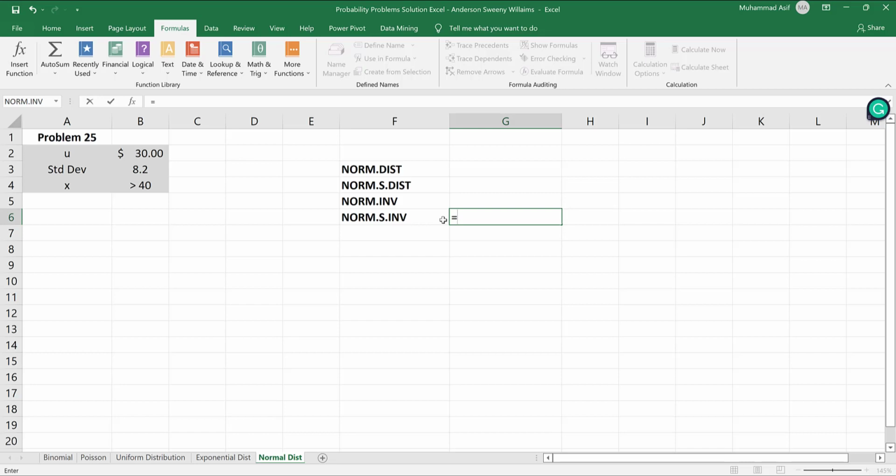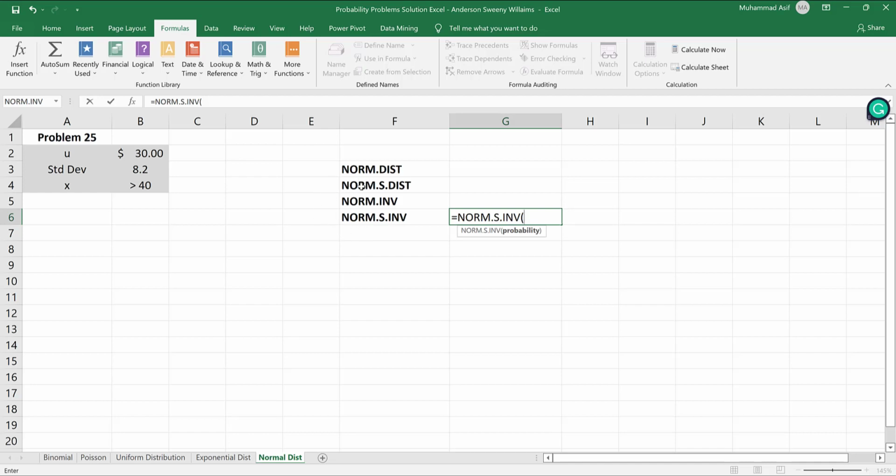So it will only require input of probability to give value of z. And you see here, when I enter this, it gives suggestion to enter the value of probability so that it can generate a value of z. So in this way, NORM.S.INV and NORM.S.DIST are exactly opposite to each other.